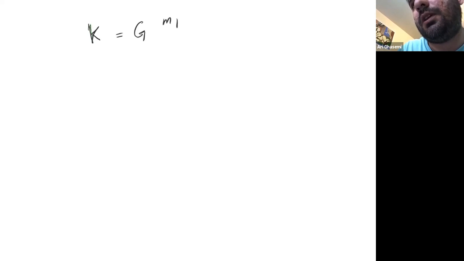K is equal to, hold on, let's use black. K is equal to G M1 M2 over R squared.